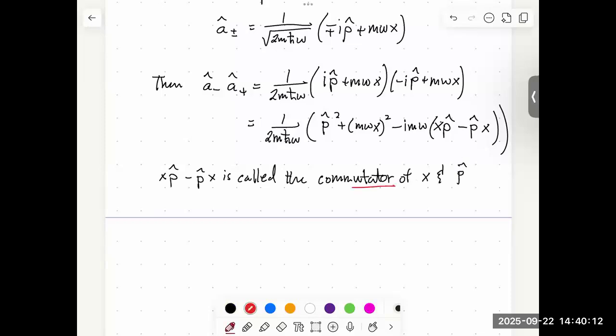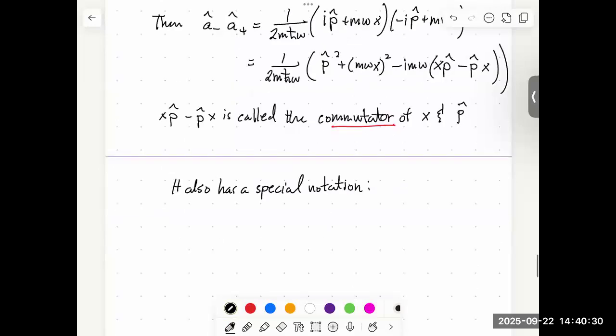Not only does it have a name, it has its own little notation: square bracket x, p hat, square bracket with a comma between them. That is just defined to be x p hat minus p hat x. And so the order matters. p hat x is not the same thing. It would reverse these terms and pick up a negative sign.